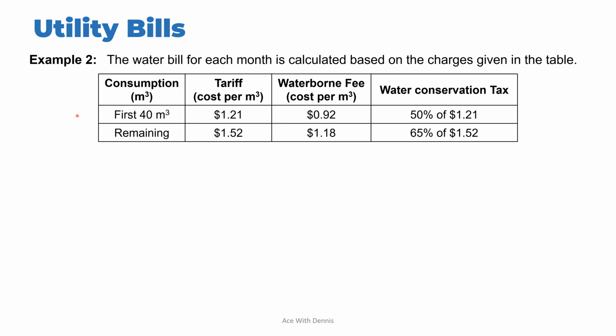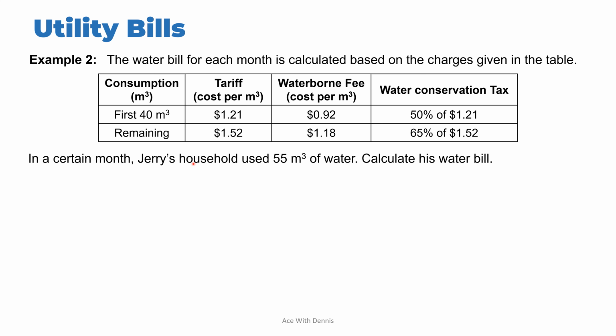And you can see that there are two rows here. So first, we will calculate the first 40 meters cube. So we have this rate, and if you use more, and we still have the remaining consumption, then we have to pay more. So the more you use, the more you have to pay.